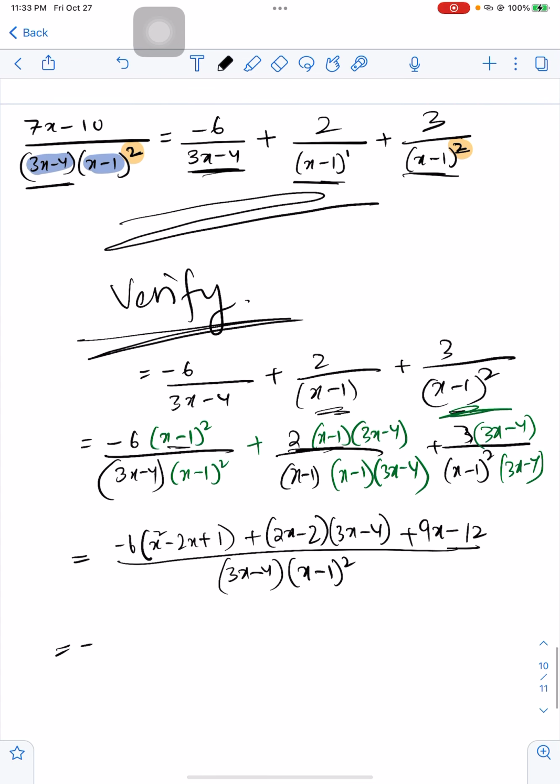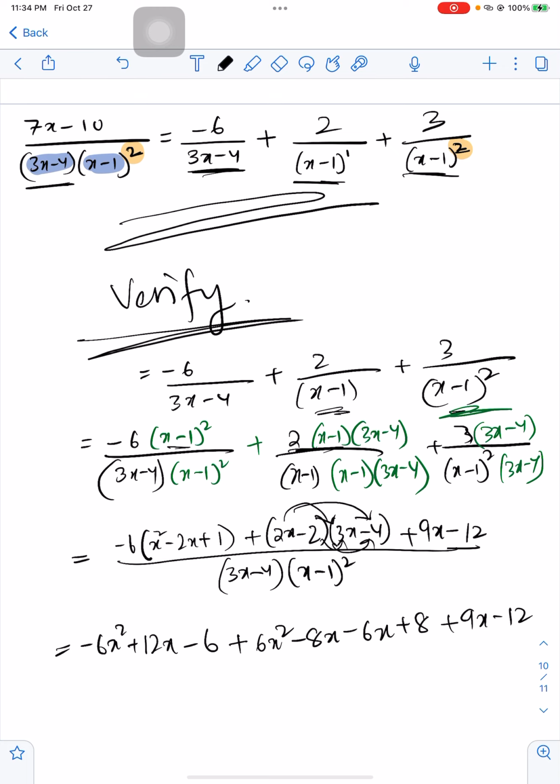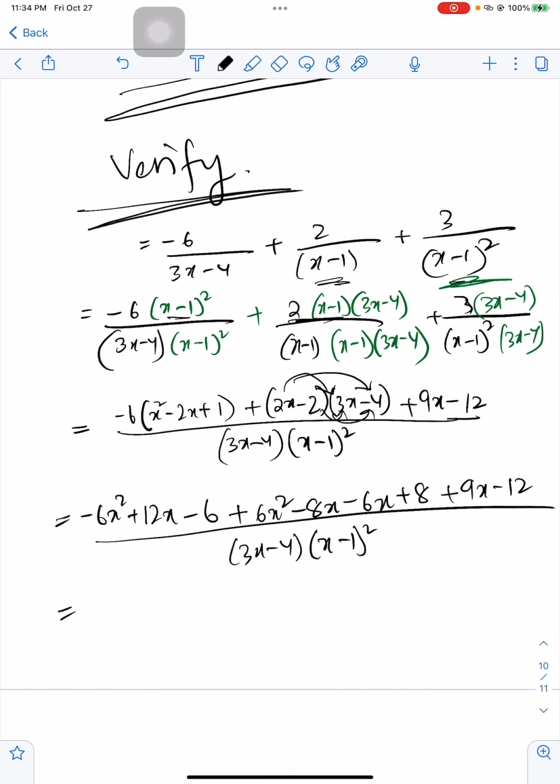So this is equal to negative 6x square plus 12x minus 6, plus now I multiply 2, 6x square negative 8x minus 6x plus 8, plus 9x minus 12 over 3x minus 4 times x minus 1 whole square is equal to this, and this gets cancelled.